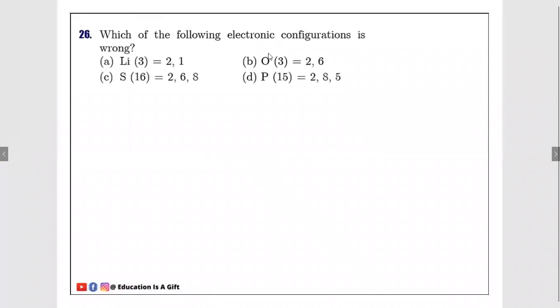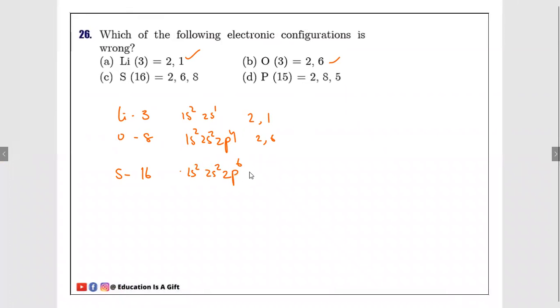26. Which of the following electronic configurations is wrong? Lithium is 3, 1s2, 2s1, means 2, 1. Yes, it is correct. Oxygen, atomic number is 8, 1s2, 2s2, 2p4, so it is 2, 4 plus 2, 6. Yes, this is also correct. If you observe sulfur, 16, 1s2, 2s2, 2p6.